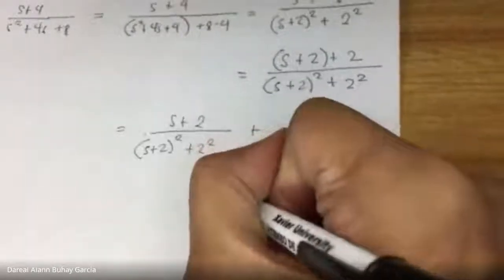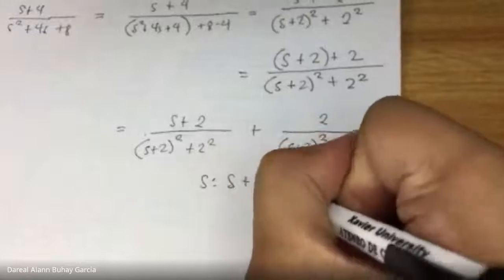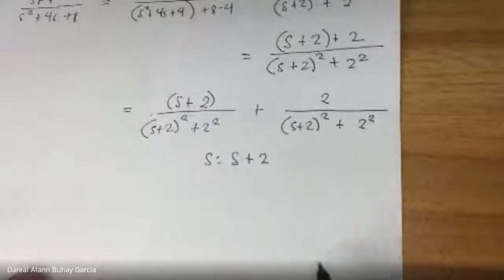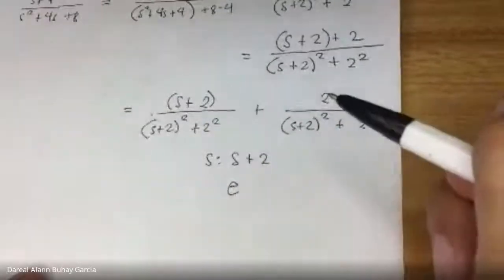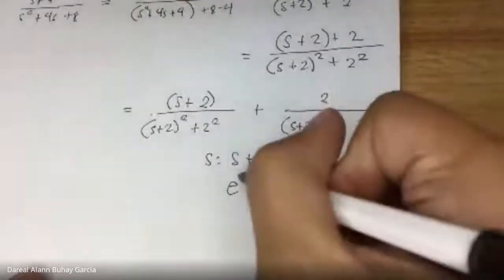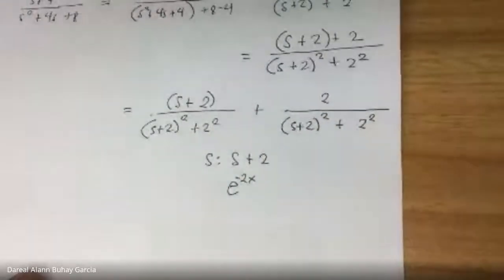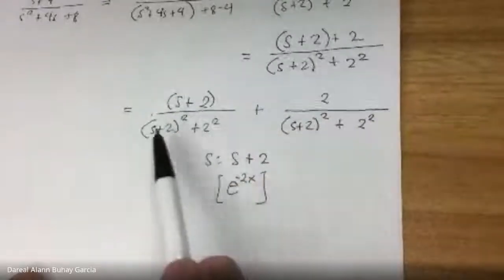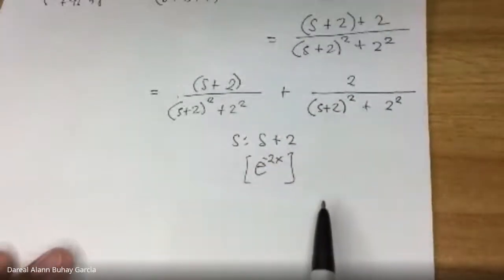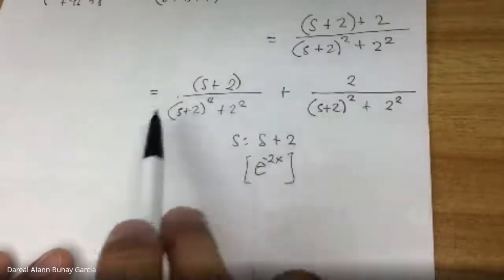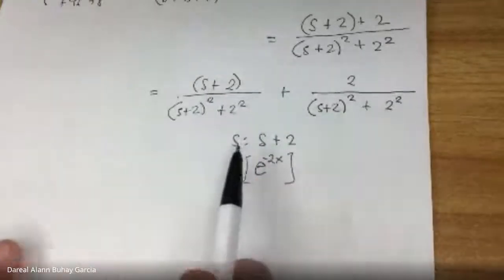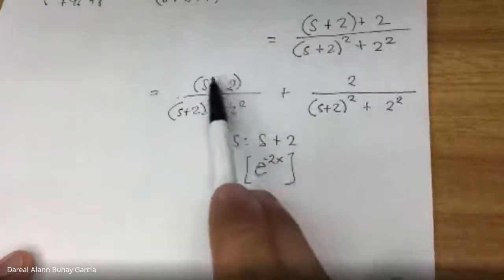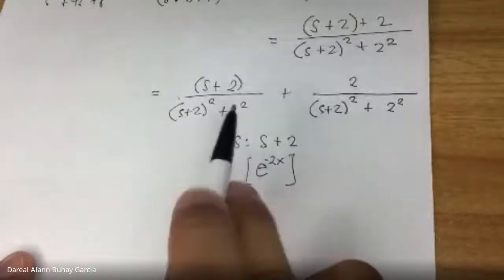Let S be equal to S plus 2. So the final answer is multiplied by e to the power of negative 2x, later, to compensate. The inverse Laplace is automatic: for s over s squared plus a squared, it is cosine, where a is 2.